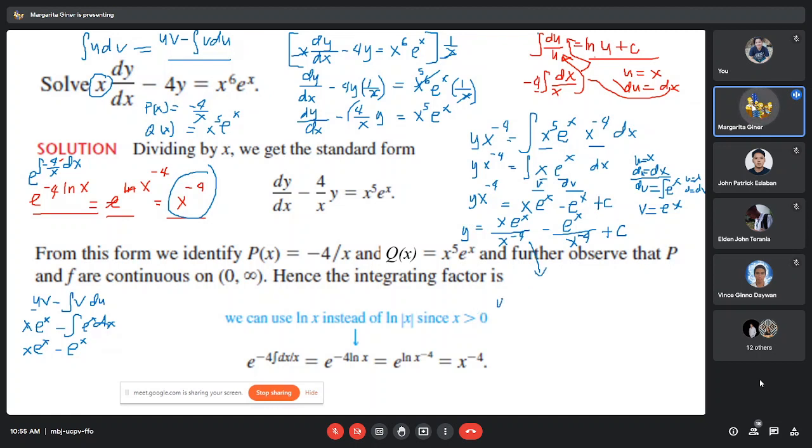So your y now will become this. The exponent of x is 1, right? So 1 minus 4, negative 4 becomes positive, so positive 5.